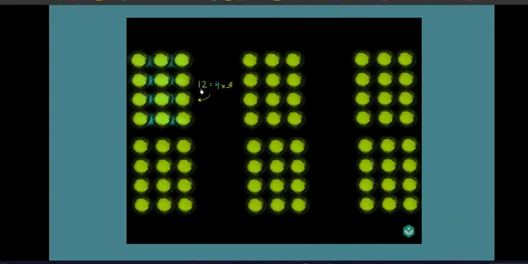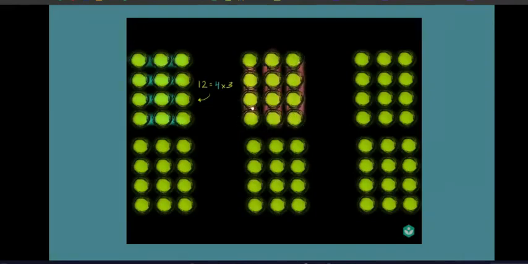But that's not the only way we can get to 12. We could also view it as 3 groups of 4. So let's look at that. So we could have 1 group of 4, 2 groups of 4, 3 groups of 4.